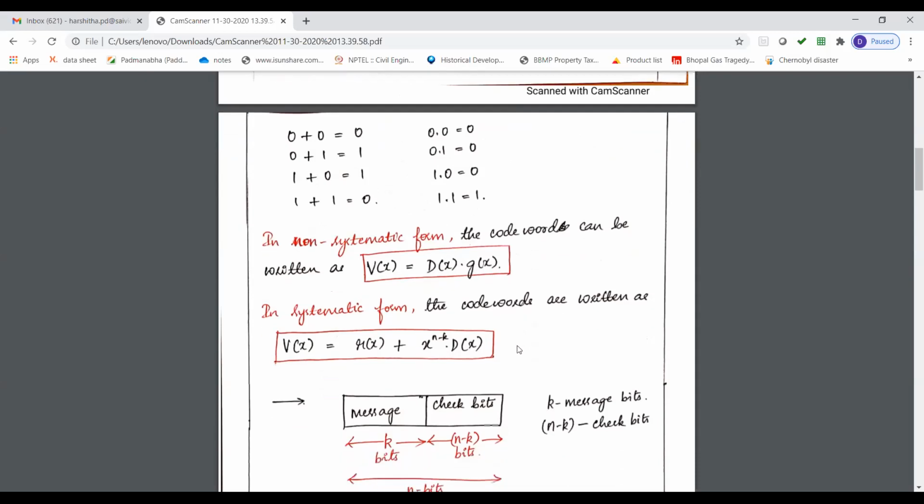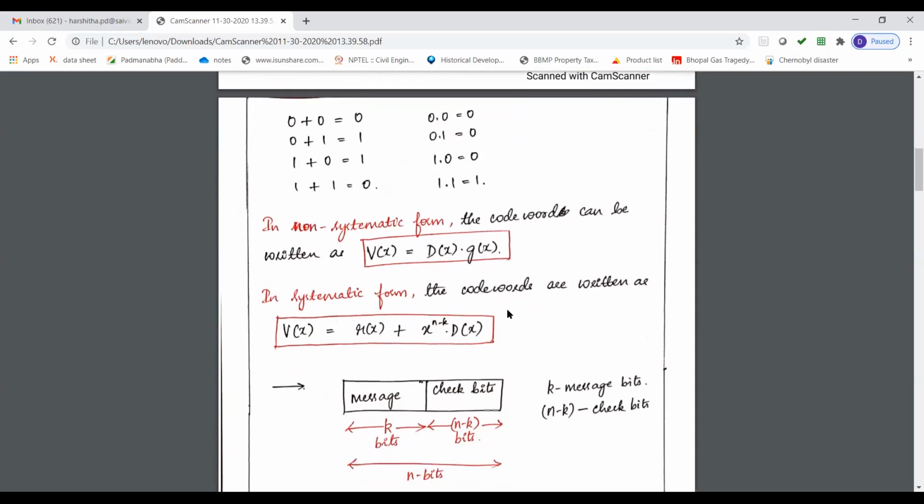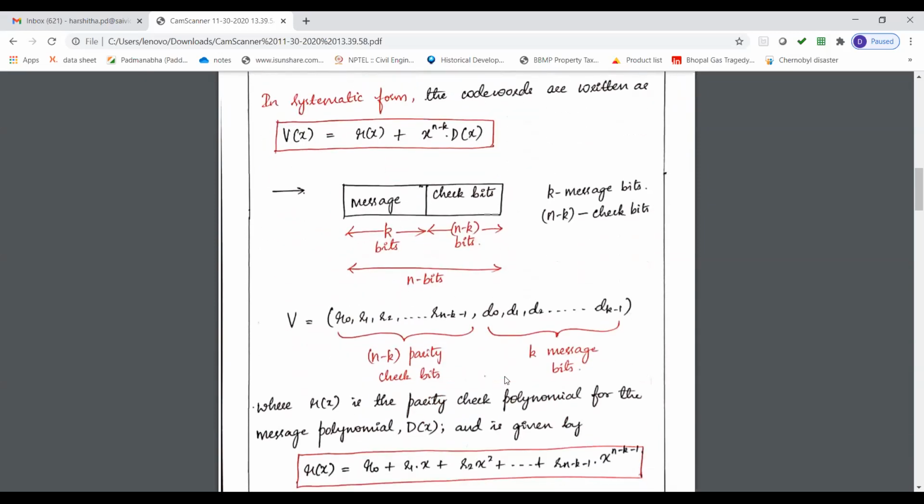In systematic form, the code words are written as v of x equals r of x plus x to the power of n-k times d of x, where r of x is the remainder, d of x is the message, and x to the power of n-k mainly indicates the check bits. You will understand this in the upcoming explanation.